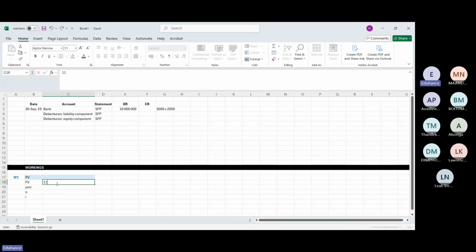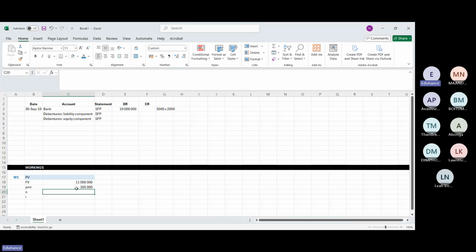We know the nominal value is 11 million rand. The payment, they gave it to us: it is 165,000 rand per quarter in arrears. Very important, this is a quarterly payment in arrears.